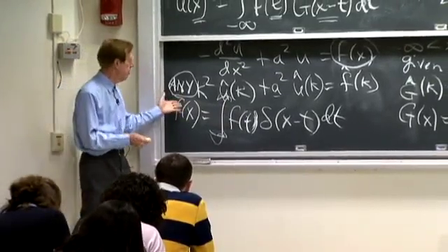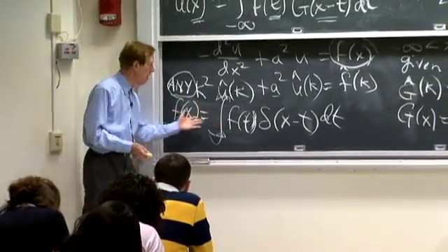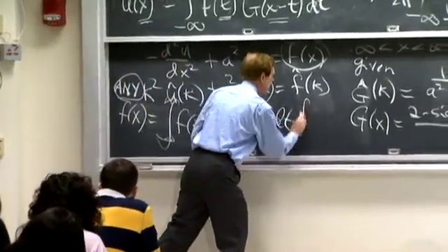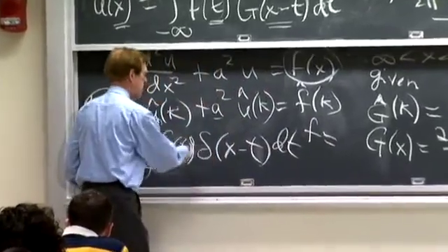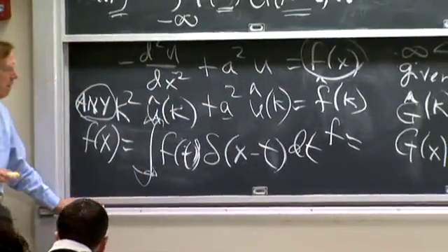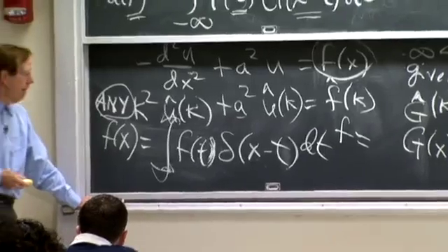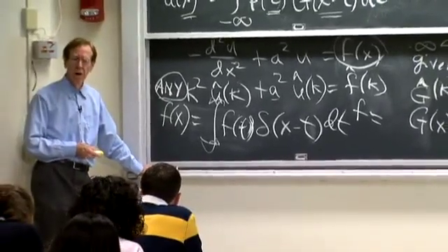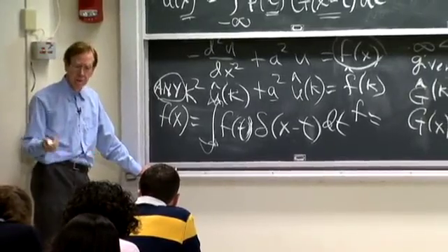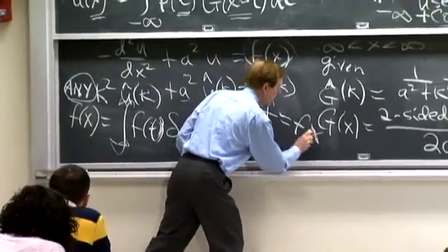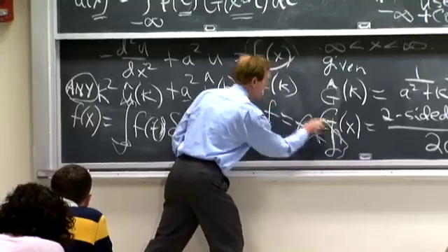This was to be true for any f. So f of x is equal to, what is this right-hand side? It's f convolved with delta. So any f is the same f convolved with delta.